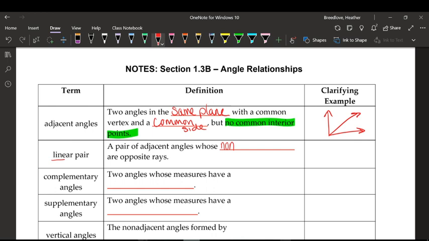Two angles that make a line. So you have a straight line and a ray that divides it into two angles. That's a linear pair. A line pair, a linear pair.